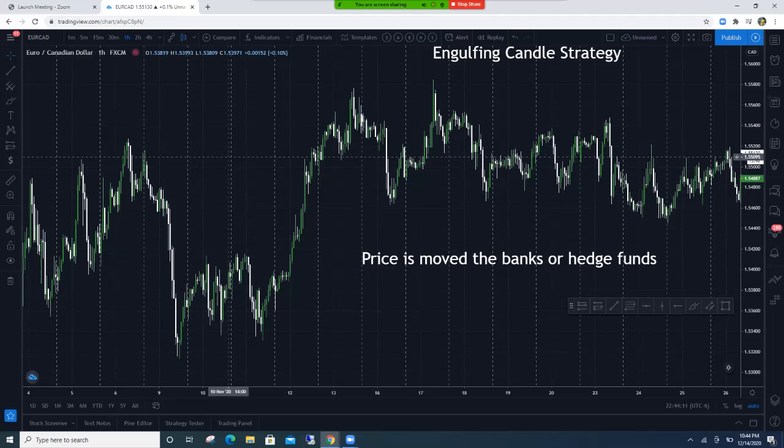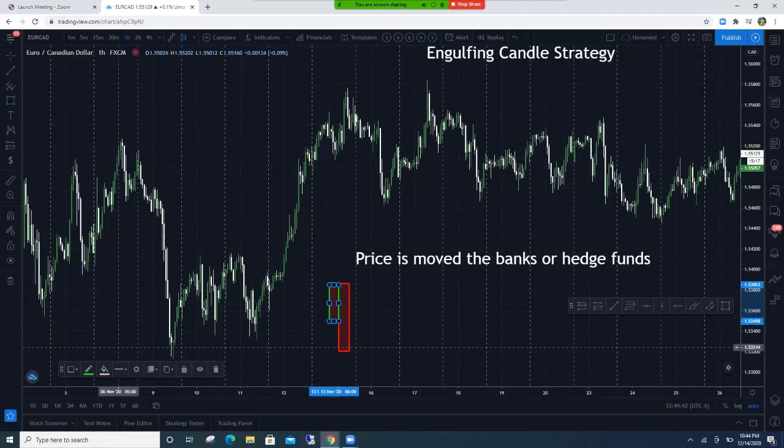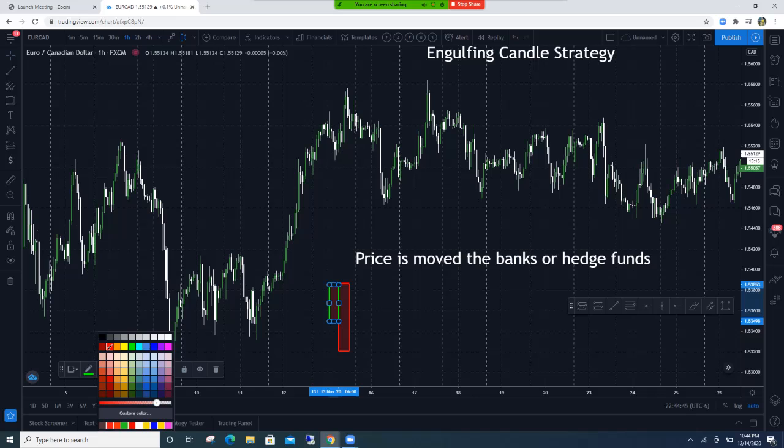Basically, to illustrate for people who don't know, an engulfing candle is when you have one candle that engulfs the other. It's a two candle formation. I'll illustrate it with these two rectangles. An engulfing candle is a smaller candle followed by a bigger candle of the opposite trend or the opposite movement.